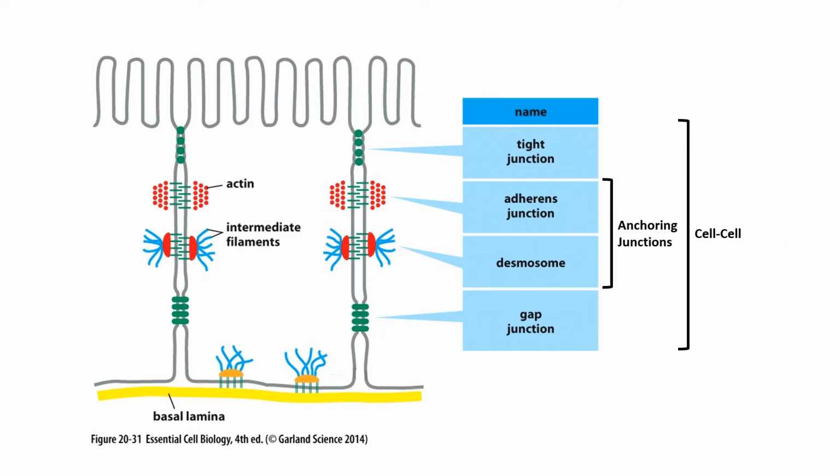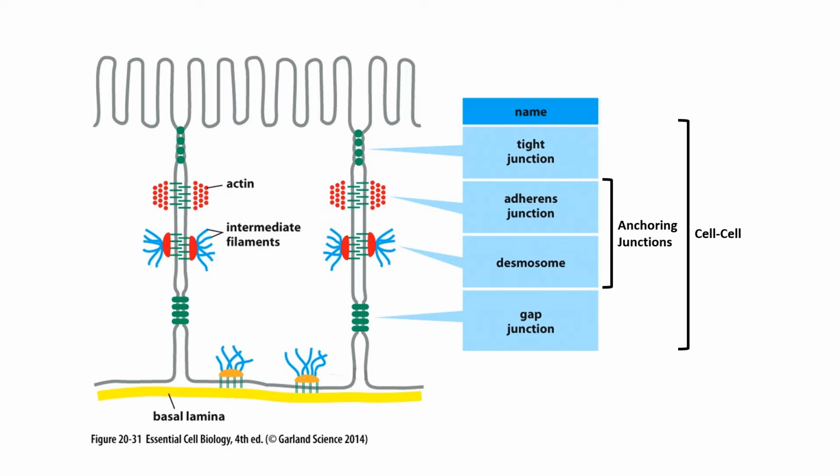There are two types of anchoring junctions, the second general type of cell-to-cell association. These anchoring junctions anchor cells together or link cells together by transmembrane proteins that also associate with the cytoskeleton.